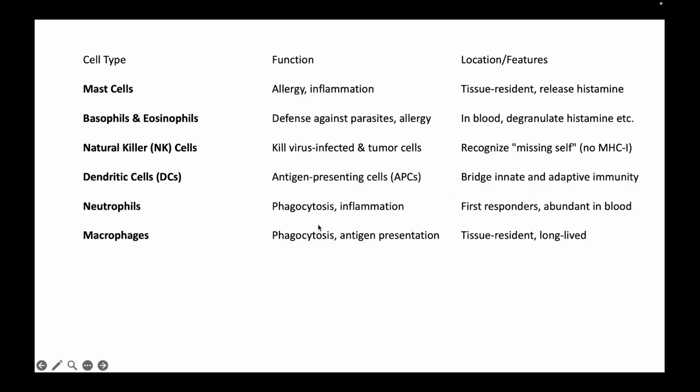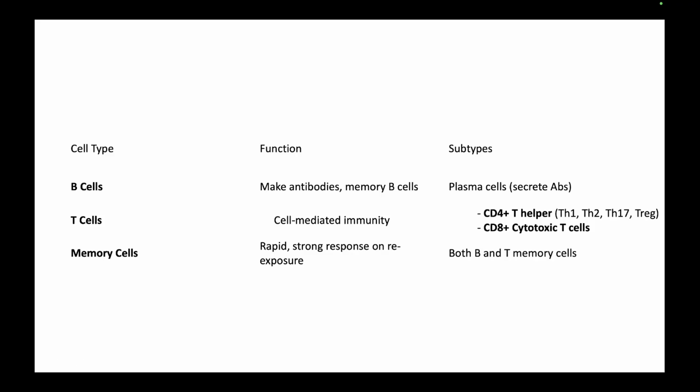Neutrophils function in phagocytosis and inflammation, and they are the first responders to any infection and are very abundant in blood. Macrophages function in phagocytosis, and they also help in antigen presentation. They are tissue resident and long lived. As part of the adaptive immunity, there are B cells, T cells, and memory cells.